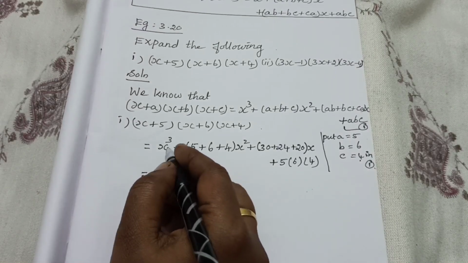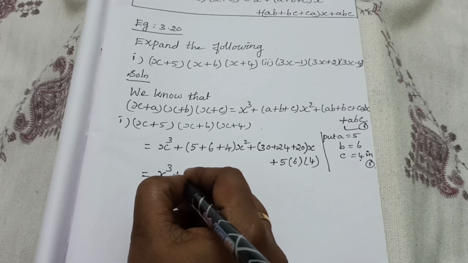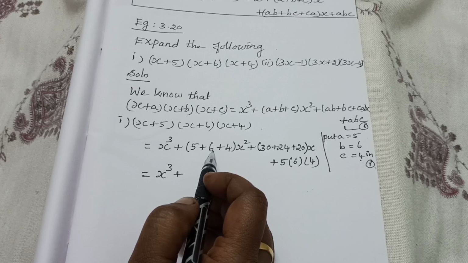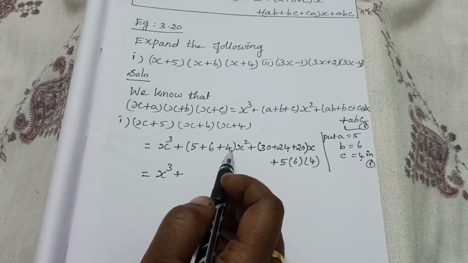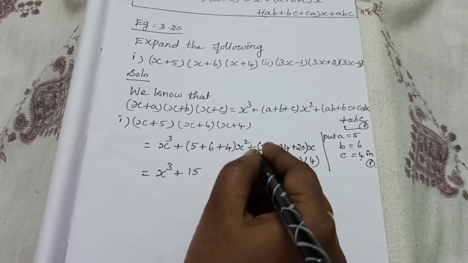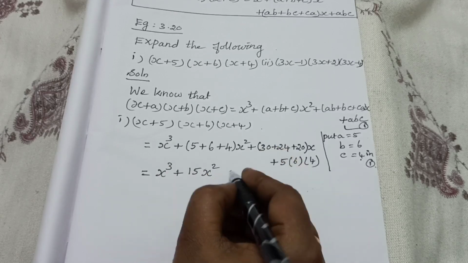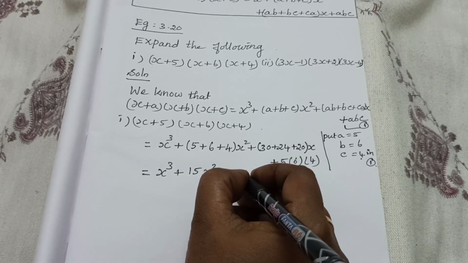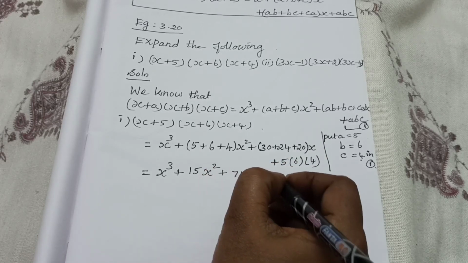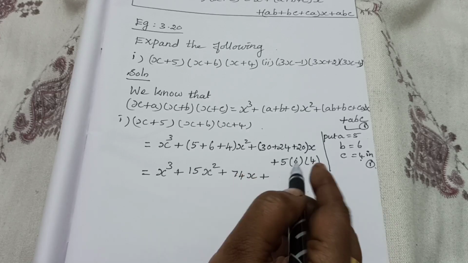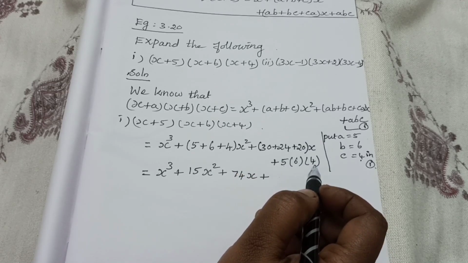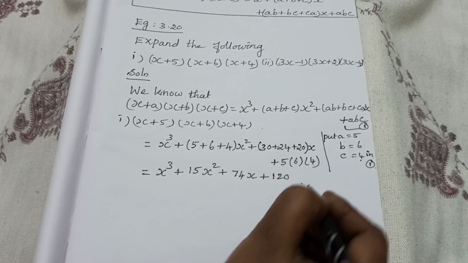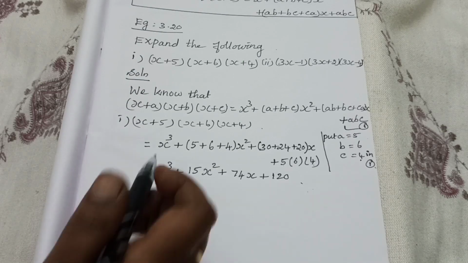Then equal to x cube plus, add this: 5 plus 6 is 11, 11 plus 4 is what? 15. 15 x square. Then plus, add this: 30 plus 24 plus 20 is 74, so 74 x plus, 5 4s are 20, 20 into 6 is what? 120.